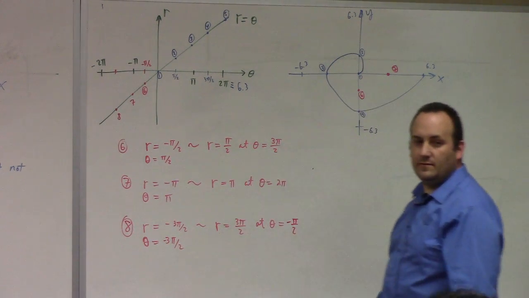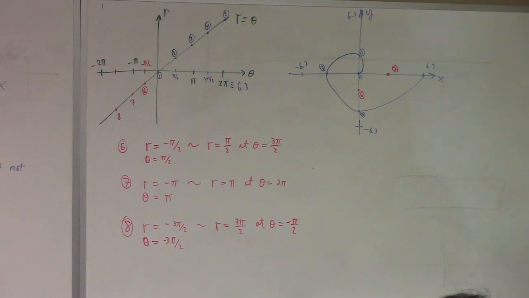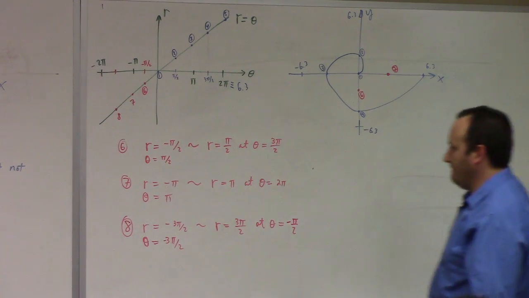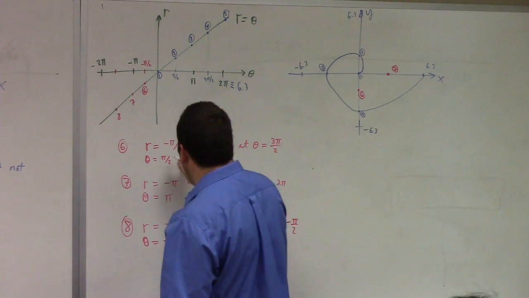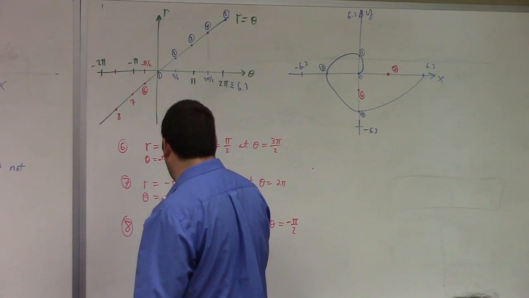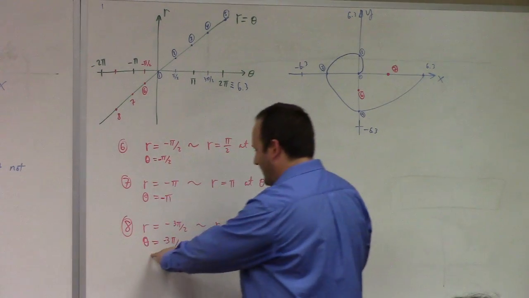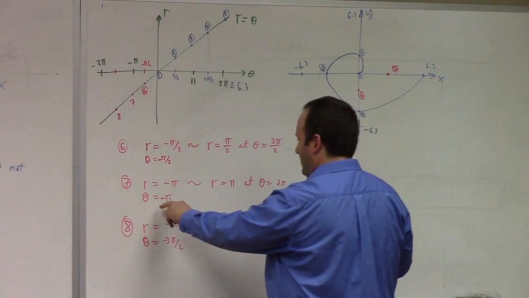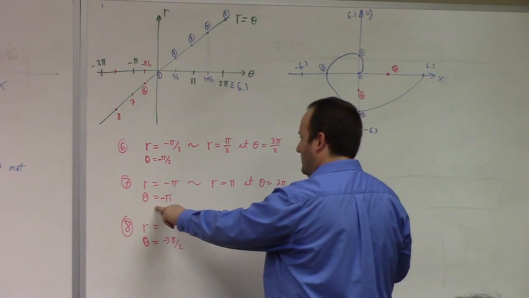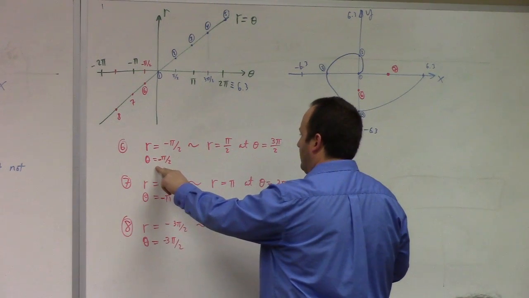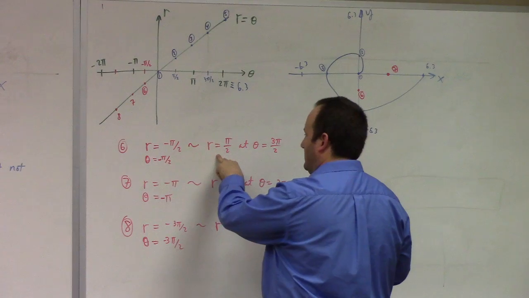Yeah, what did I do? Isn't it supposedly all r equals theta? Like theta equal to minus pi over 2. Oh, what have I been writing? In the 8, down here, I had it right. Oh man. No, wait a minute.